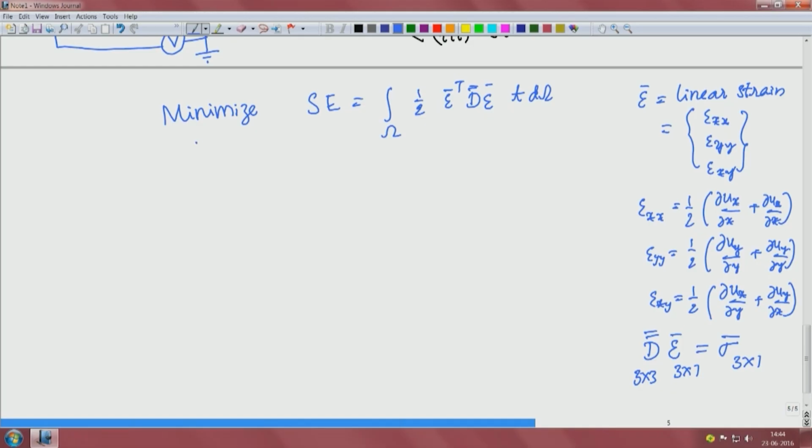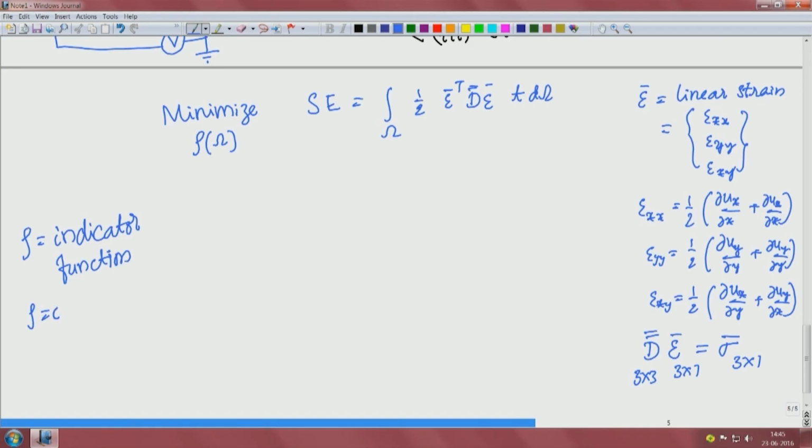What are we changing here? We will change a fictitious term defined over the domain. At every point we have the indicator, this rho we can call it, it is not a mass density even though we are using that, it is an indicator function. What does it indicate? It indicates whether the material is present or not.